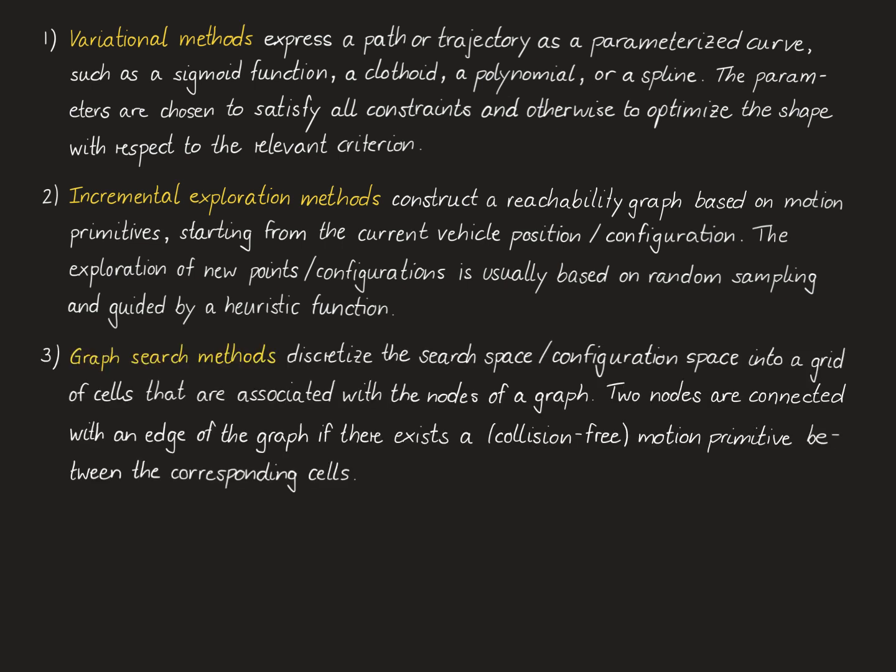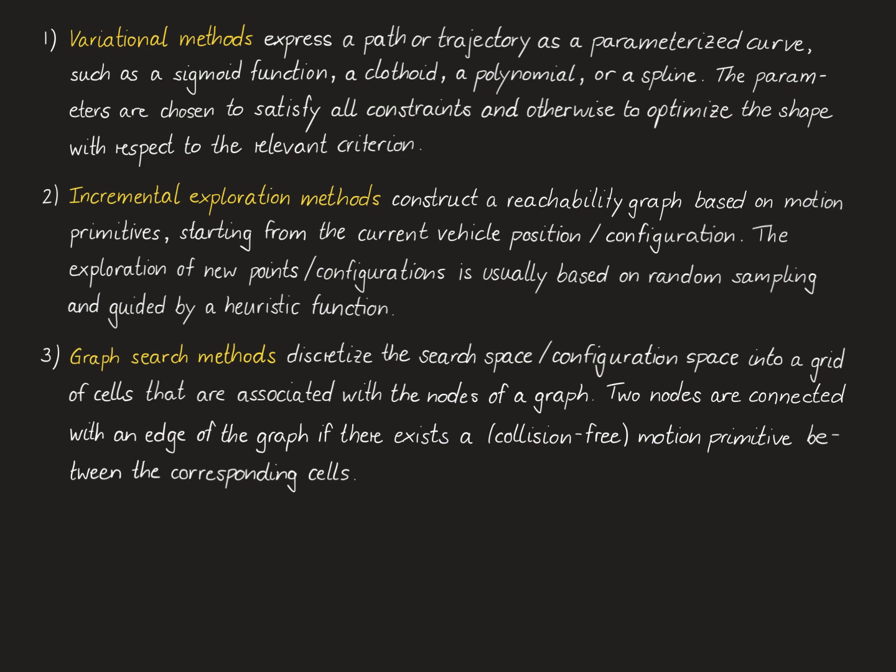The third class of vehicle motion planning methods is called graph search methods. Here, the idea is to discretize the search space or configuration space into a grid of cells, and then associate each cell of this grid with the nodes of a graph.